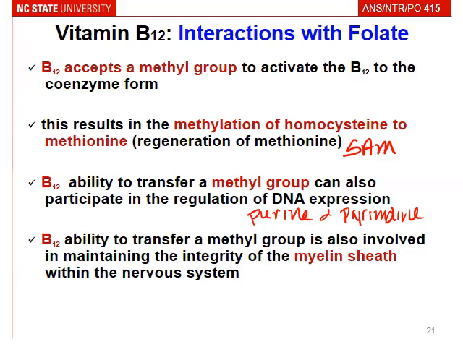And it also transfers those methyl groups, and that is maintaining the integrity of the myelin sheath within the nervous system. So if you have someone with B12 deficiency, they may have symptoms more similar to Parkinson's disease, which is associated with an inadequate amount of the myelin sheath.